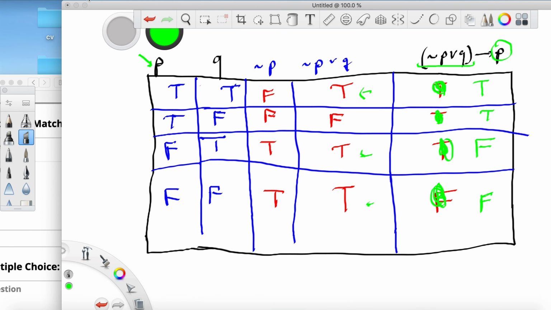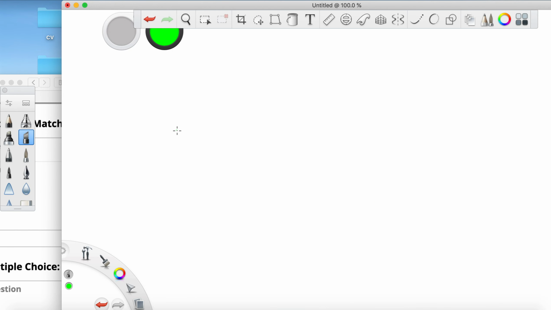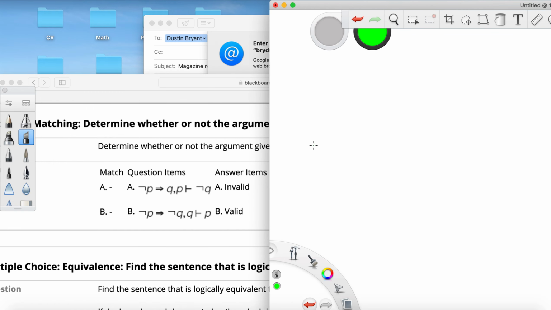Okay, so let me go ahead and do that again. So you have not P implies not Q, comma just means and, Q, and then this little turnstile, P. And remember, if you have those assumptions to the left of the symbol, the question is, well, can you get the thing on the right?